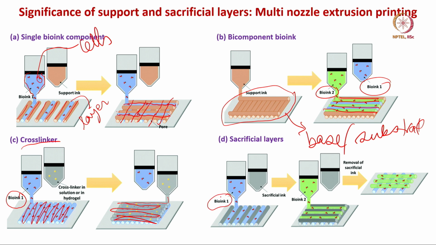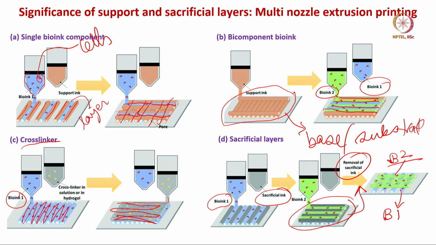Fourth one can be, you have a bioink and you have a sacrificial ink. At the end of the 3D printing process, you need to remove the sacrificial ink so that you can get a unique pattern, and this unique pattern will have one layer of bioink 1, B1, and then the top layer can be bioink 2.